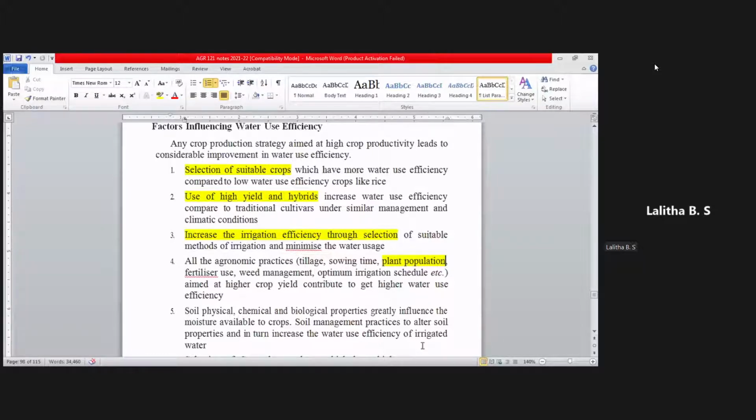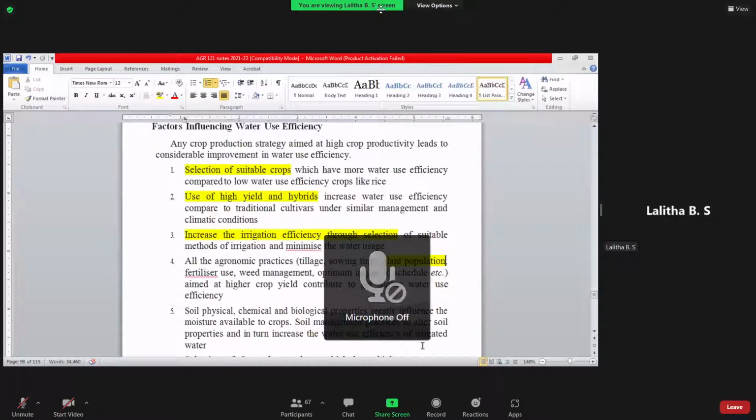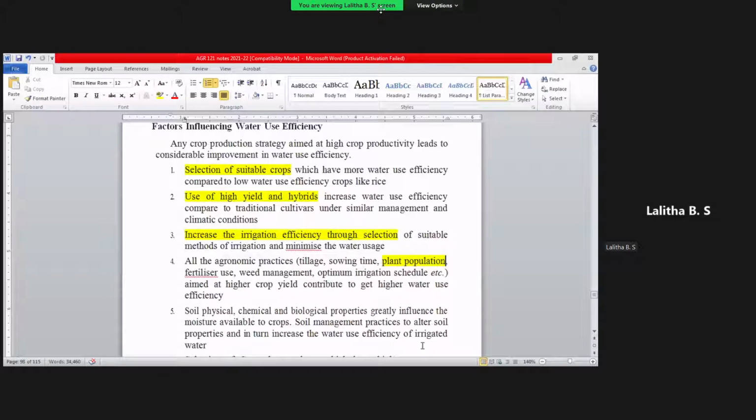The plant population should not be too less or too more. If it is overpopulated, the yield is going to reduce.